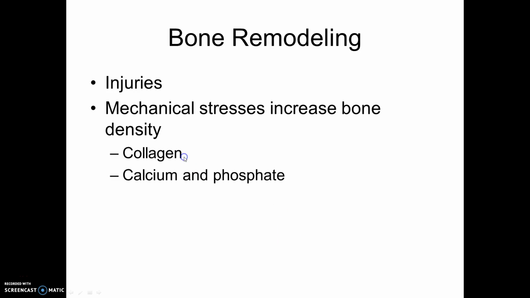Now, similar to bone remodeling, injuries and other mechanical stresses can result in bone remodeling. So the bone is constantly being remodeled due to stress on bones, whether we're talking about injuries or the degree of exercise someone may have. Osteoblasts lay down bone matrix and osteoclasts are resorbing bone matrix.